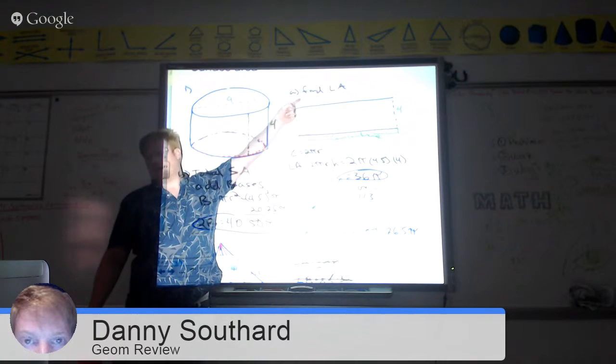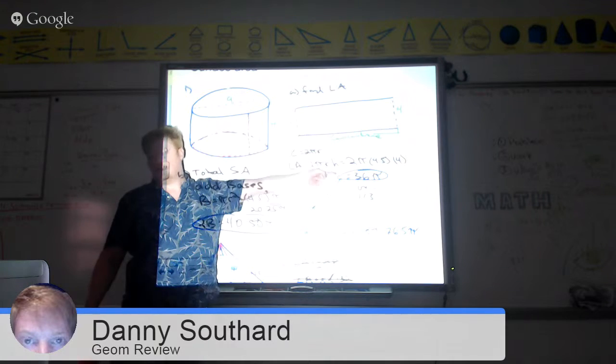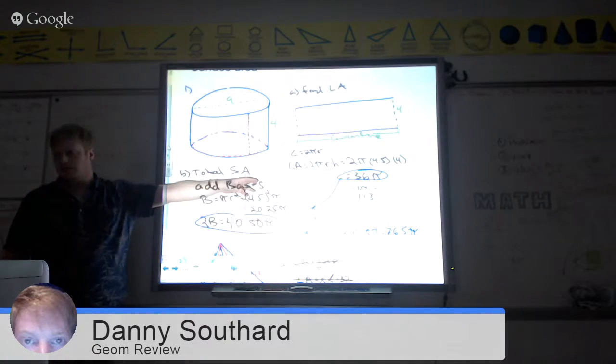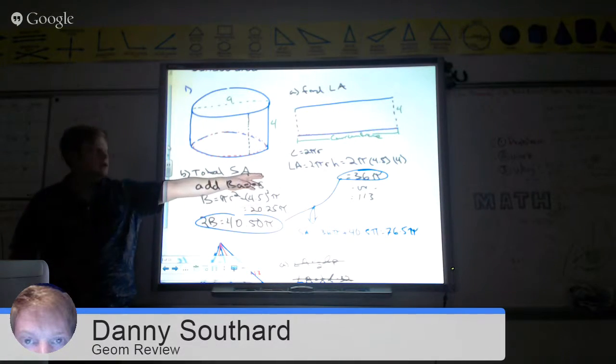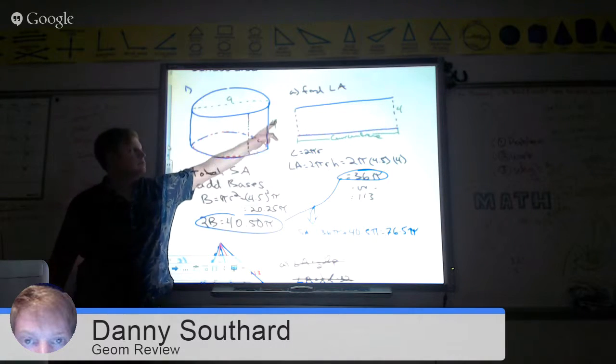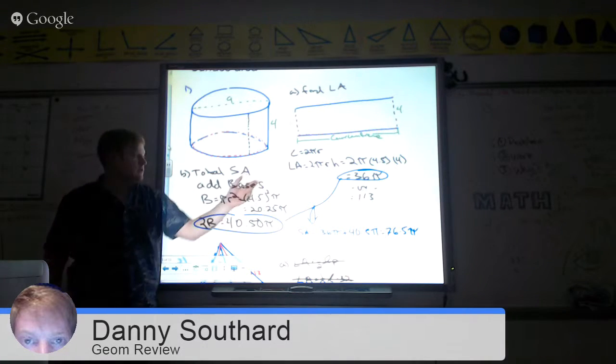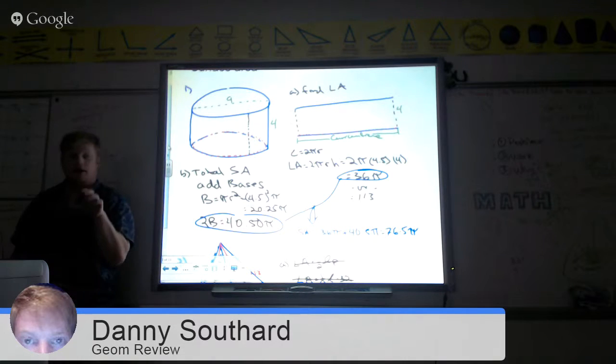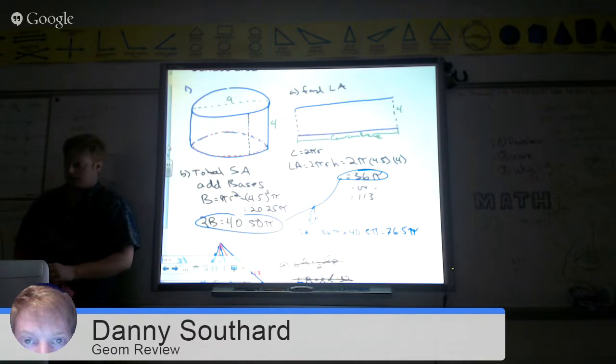Initially, I just wanted to find the lateral surface area, because you will have to find just the lateral surface area for some problems. It'll specifically say, what is the lateral surface area of this figure? Okay.